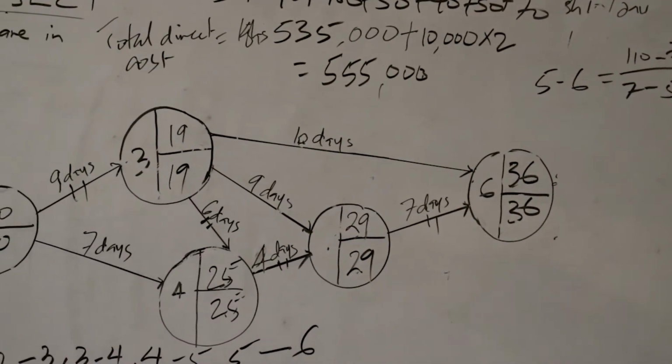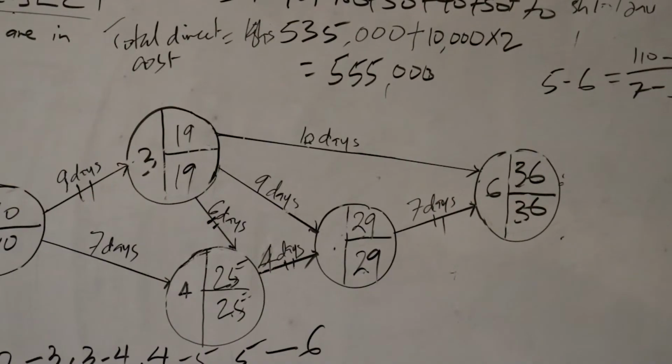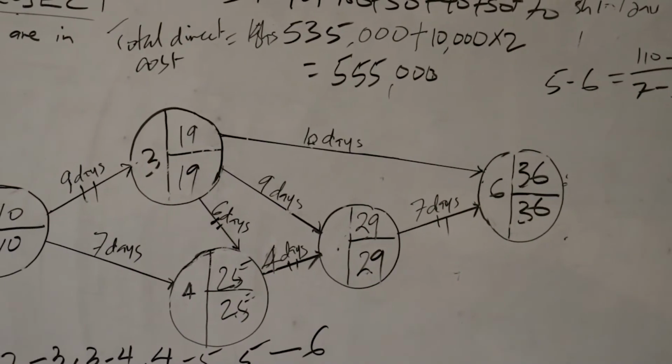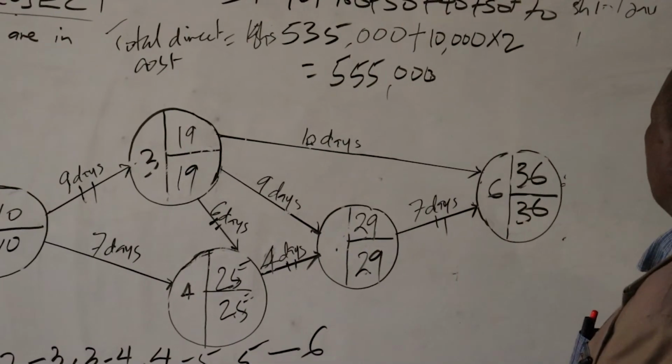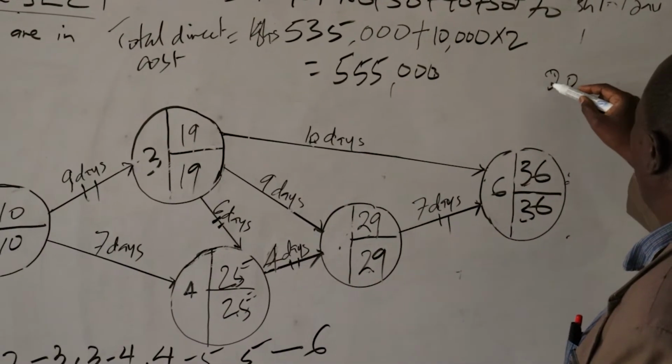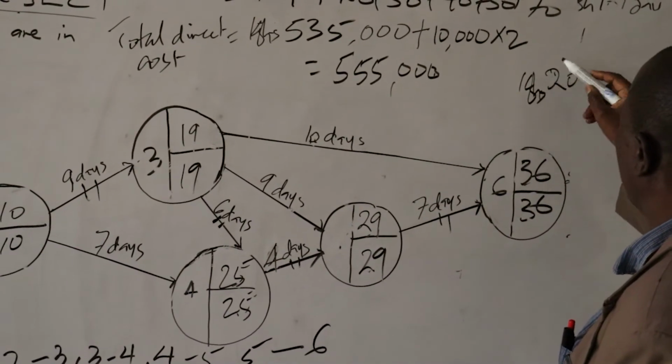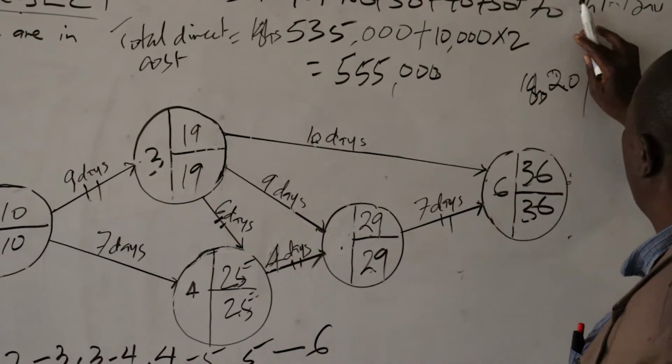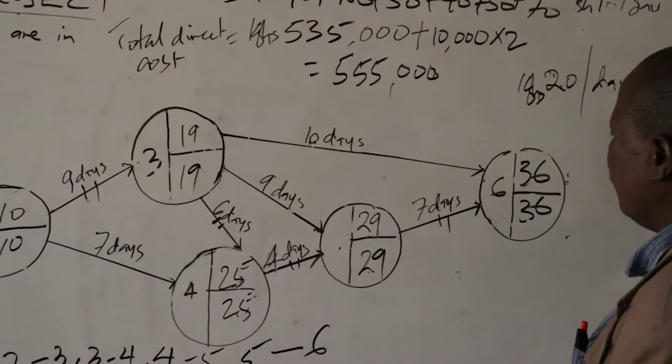So activity 5 to 6 has a cost slope of 20 Kenya shillings per day.